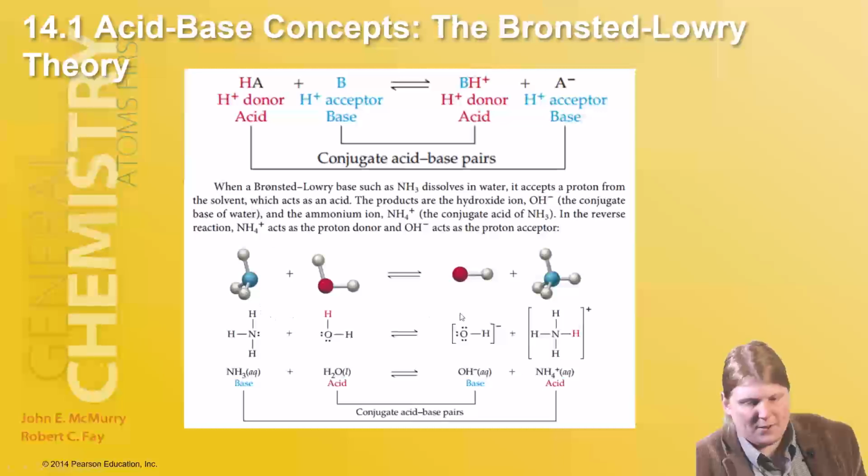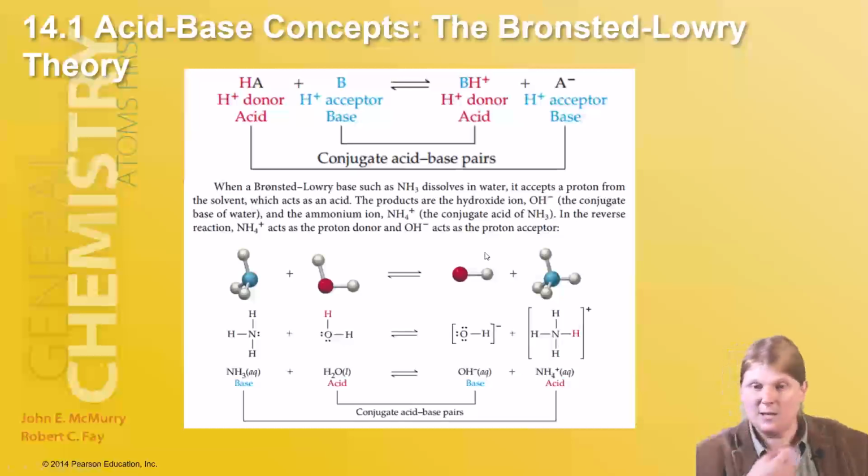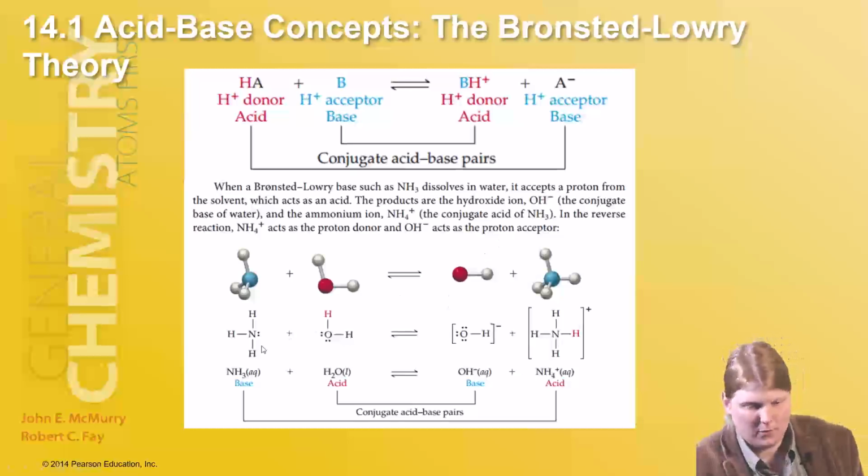So here we have a base, right? This is where the conjugate base of water, OH minus, forms, and how OH minus is what creates basicity in aqueous, in water solutions. And here we have a Bronsted-Lowry base, which accepts the proton from water. So water here acts as an acid, and then NH4 plus is the conjugate acid of NH3, the base.